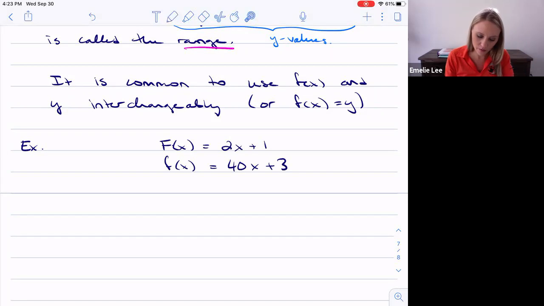So they take the same input, but they definitely produce different outputs. And so that's what we mean by the machine. I was just saying I didn't like saying machine, and now I'm using it. This is the name of the function, so the name of the machine.